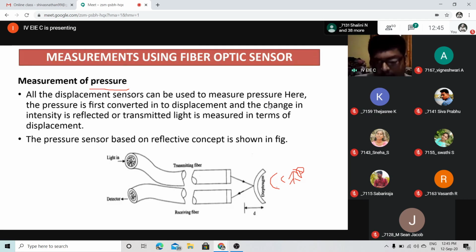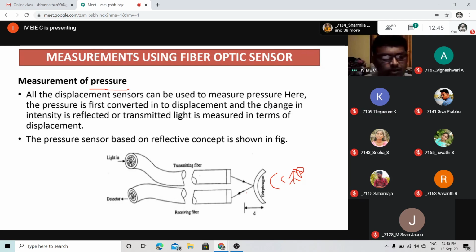If this happens, my light intensity reflection will vary. Clear? And if my light intensity variation changes, if I map it to the pressure difference, I could analyze how much pressure is present inside my corresponding medium.